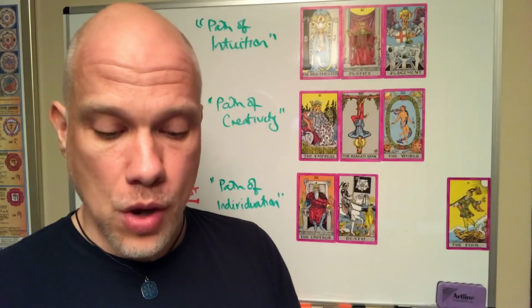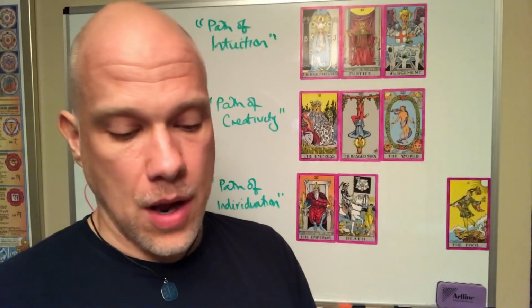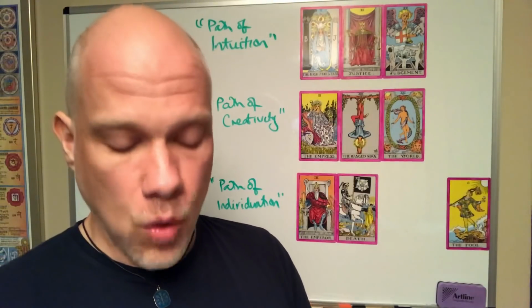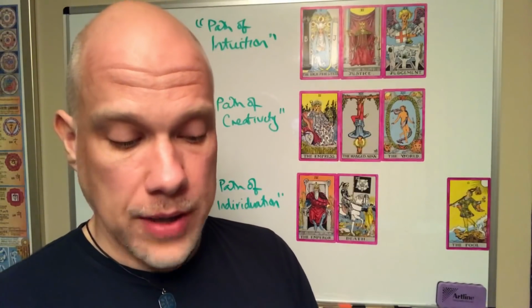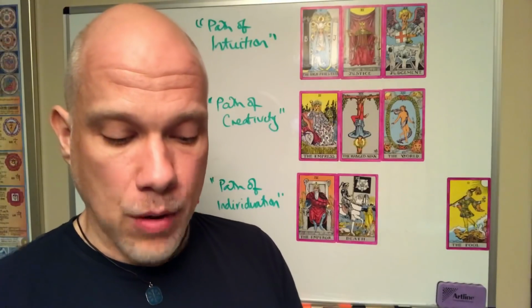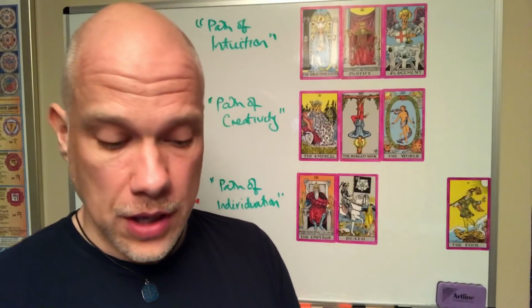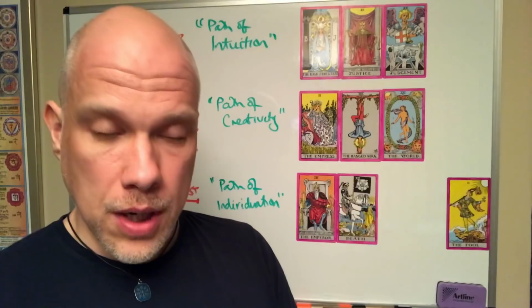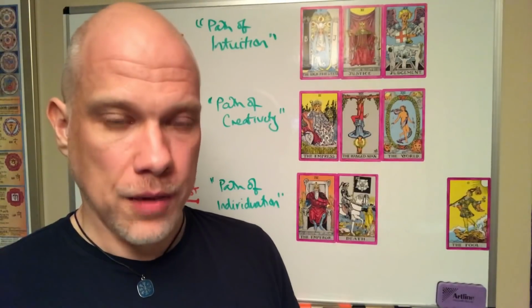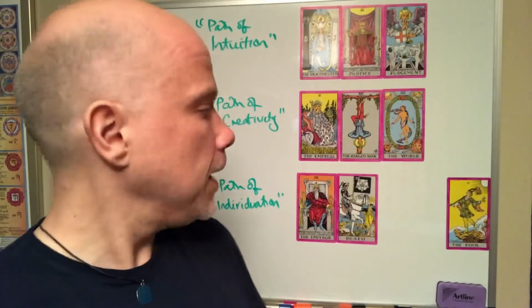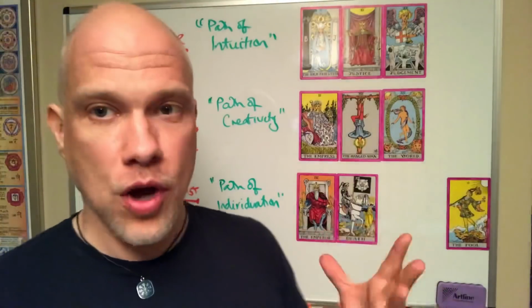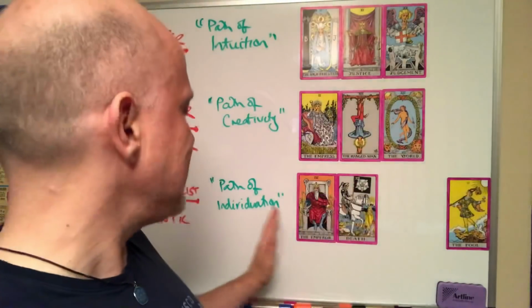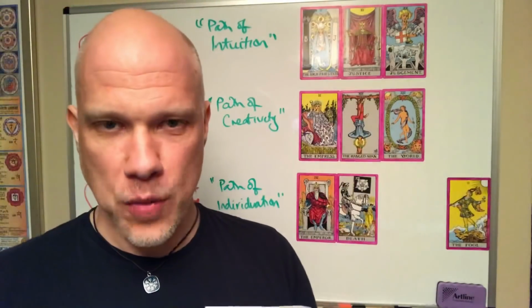Wellspring, number 22, shows the nature of that reconnection, but brings not only the ability to deeply experience our inner nature, but to powerfully change the environment around us, not because of what we do, but because of what we are. So, whether it's the Fool or this new card, Wellspring, that is the path of individuation.